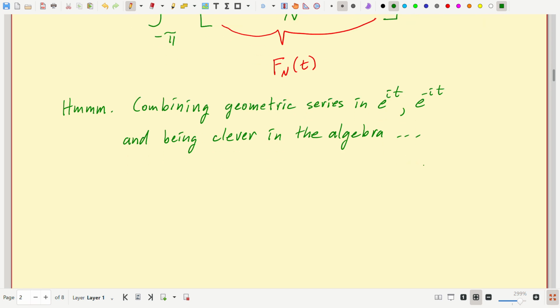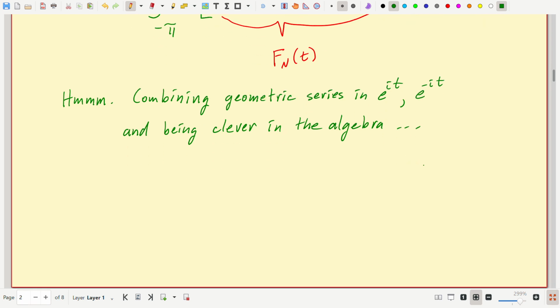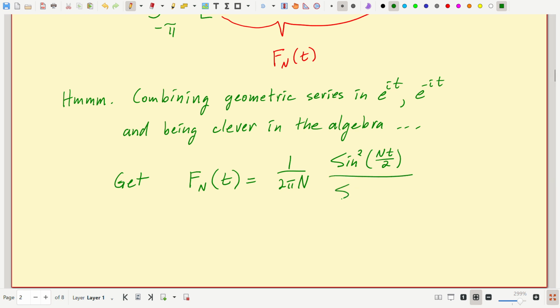And Fejér sat down and did it, and sure enough, he got a beautiful formula for the Fejér kernel. I'm not going to do it in class today because you've seen something just like it in the Dirichlet kernel calculation. So he got that the Fejér kernel is 1 over 2 pi n, sine squared nt over 2, divided by sine squared t over 2.